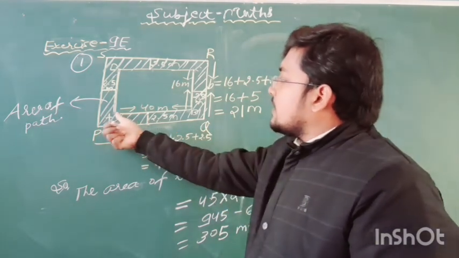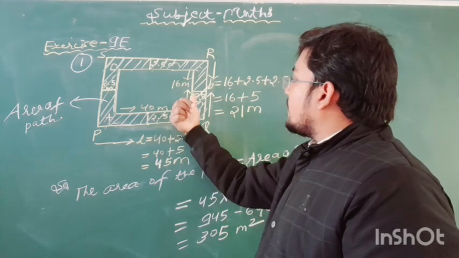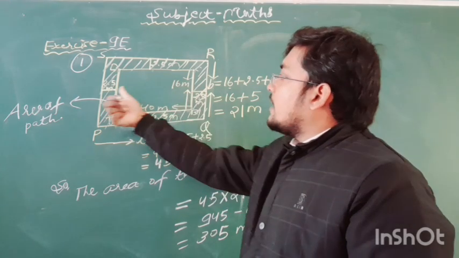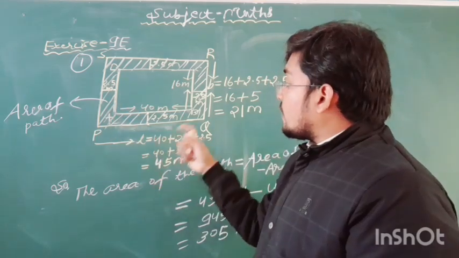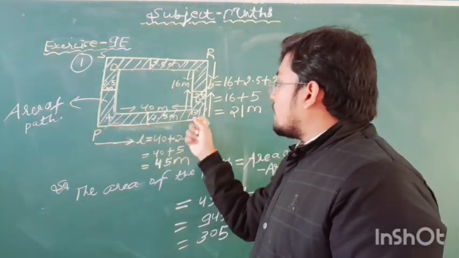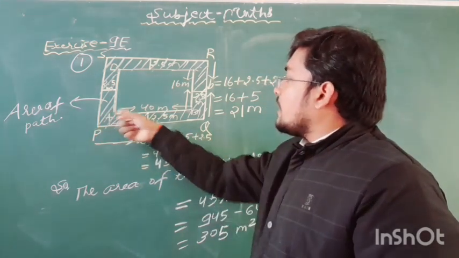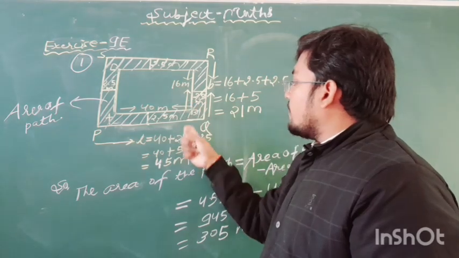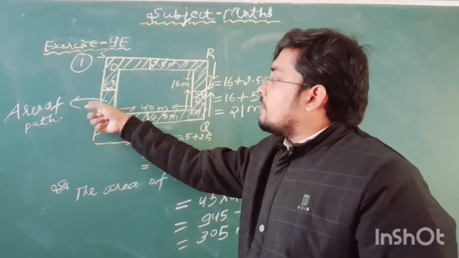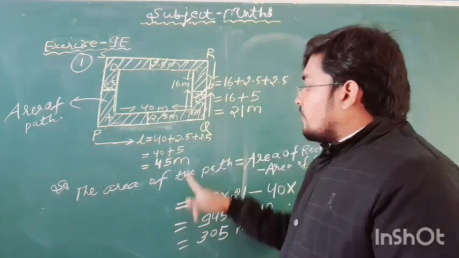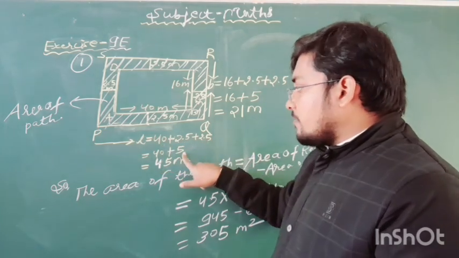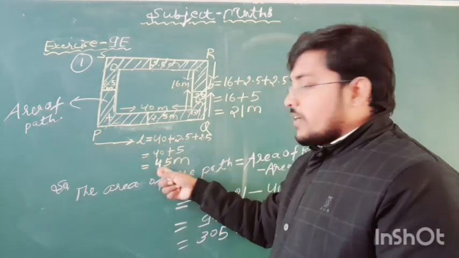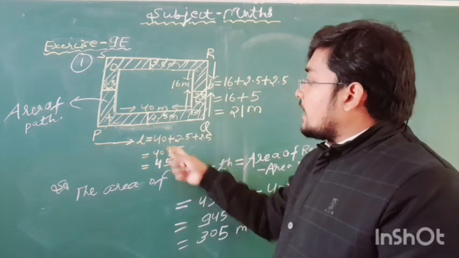Here this is 40 meters, and here the width is 2.5 meters and here also 2.5 meters. So the length of rectangle PQRS is 40 plus 2.5 plus 2.5, which gives 45 meters.